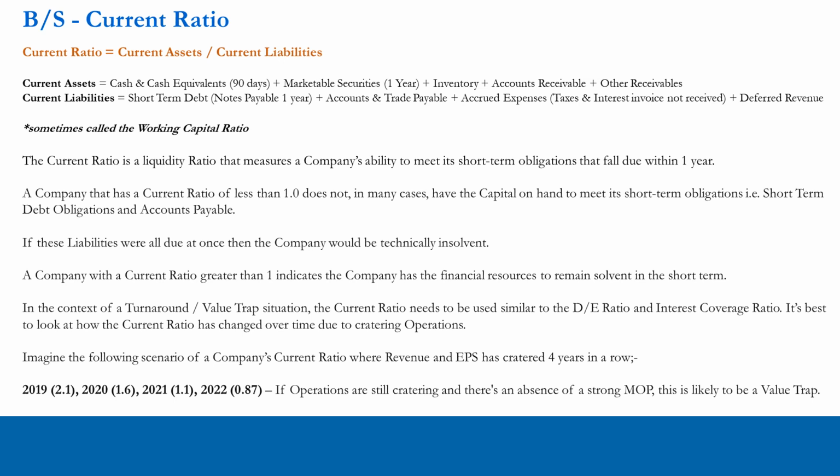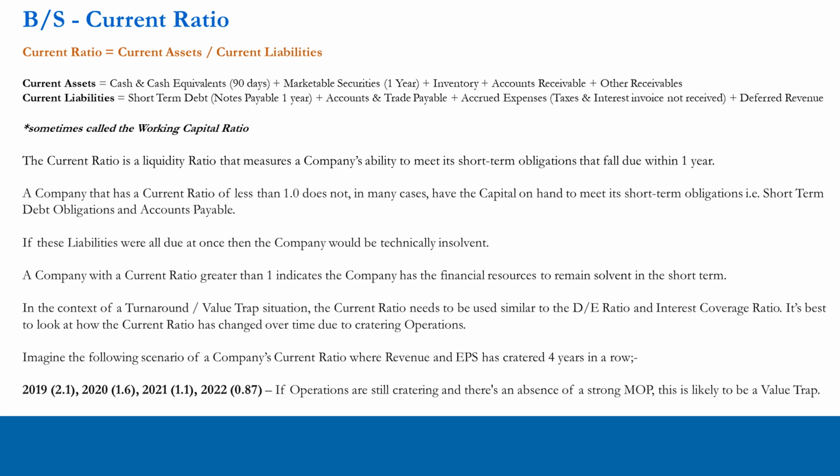So a company, for example, that has a current ratio of less than 1 does not, in many cases, have the capital on hand to meet its short-term obligations. So, for example, its short-term debt obligations and perhaps accounts payable. So, if these liabilities all came due at once, then the company would be technically insolvent.